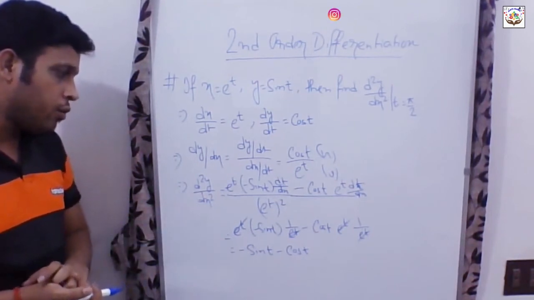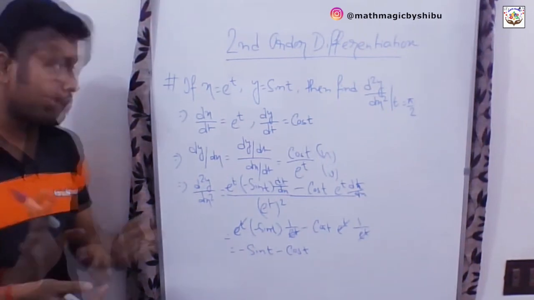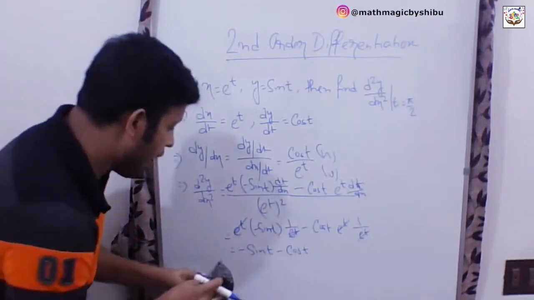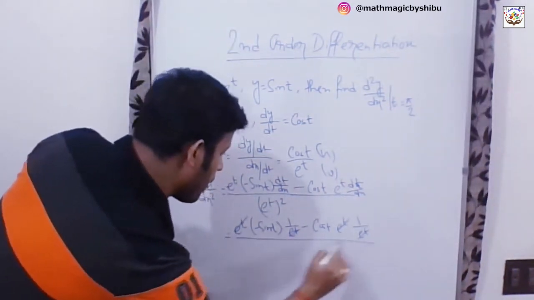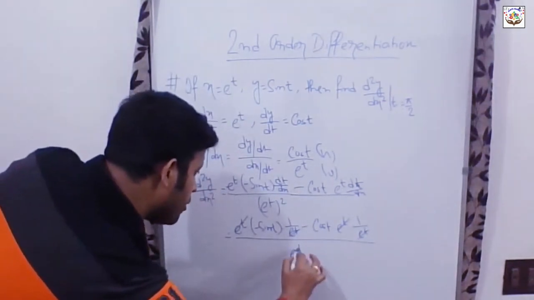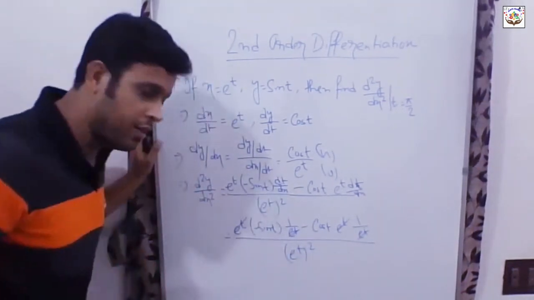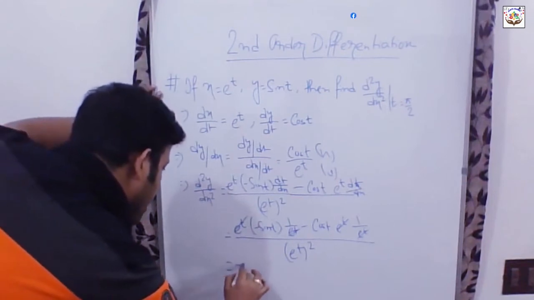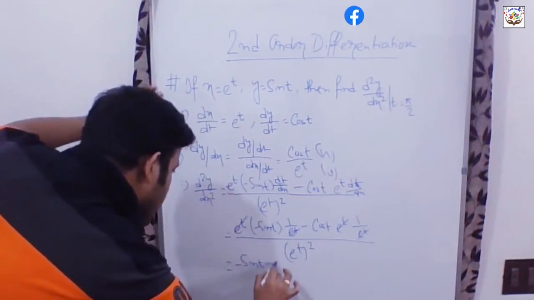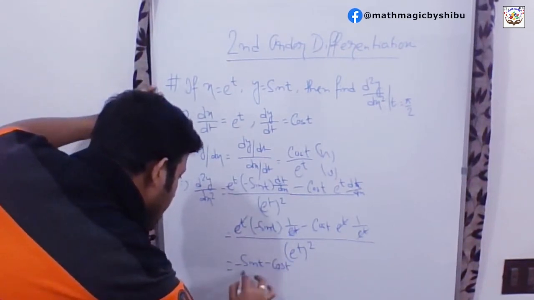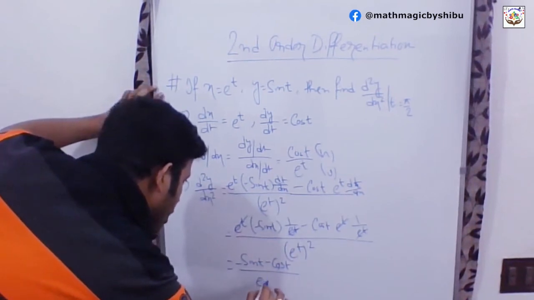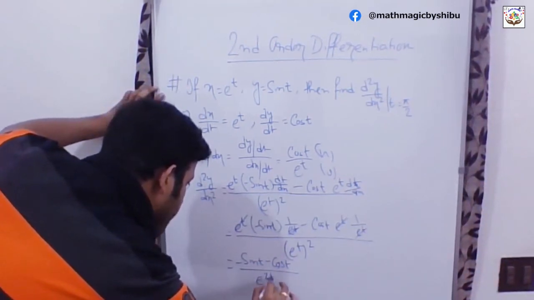Do not forget that under that we have e to the power t square also, right? So finally we have minus sin t minus cos t divided by e to the power 2t.